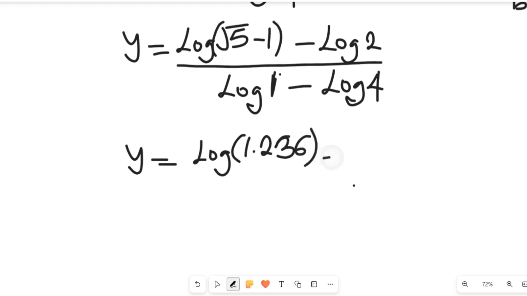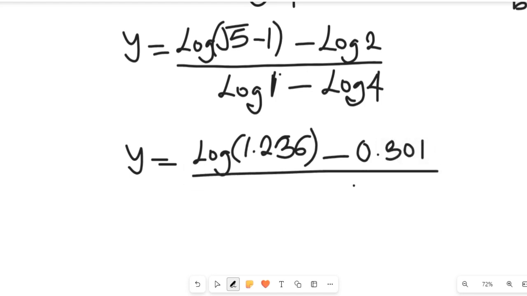And this will be minus the log of 2, which is going to give us 0.301, and this will be divided by the log of 1, which is 0, minus the log of 4. This 4 is going to give us 2 log of 2, right? Because that will give us log of 2 to the power of 2, and that will give us that expression.